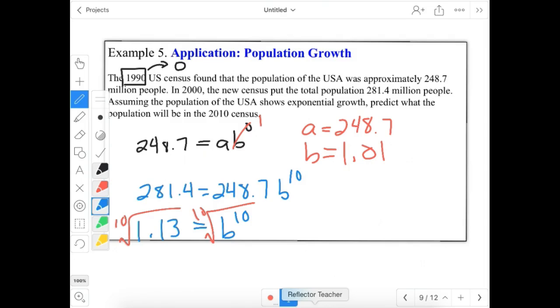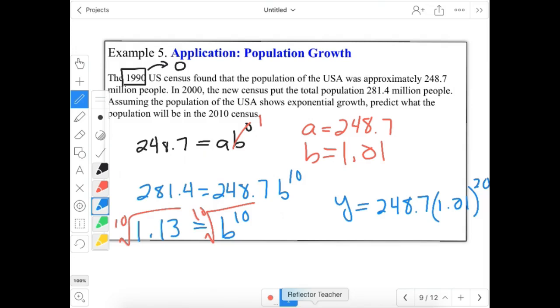From here, plug it back in, and then we would find the population estimation of 2010, which would be 20 years later. So we're going to have y is equal to 248.7 times 1.01 to the 20th. So we would have 248.7 times 1.22.